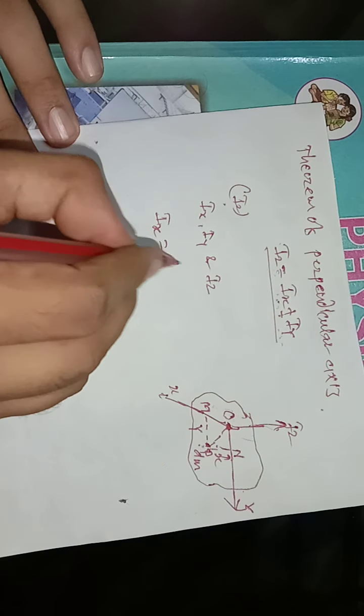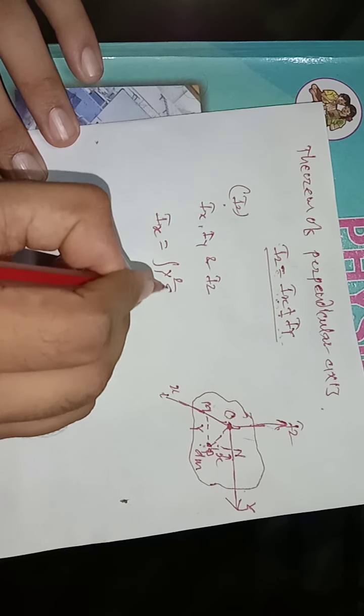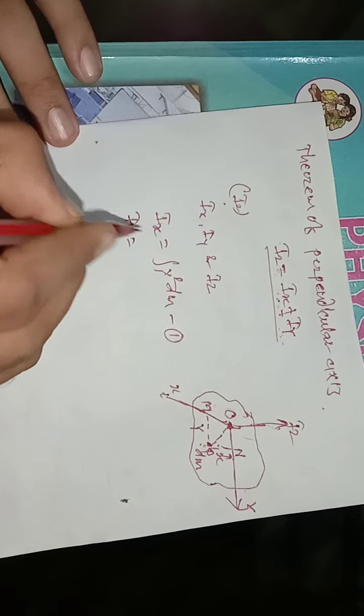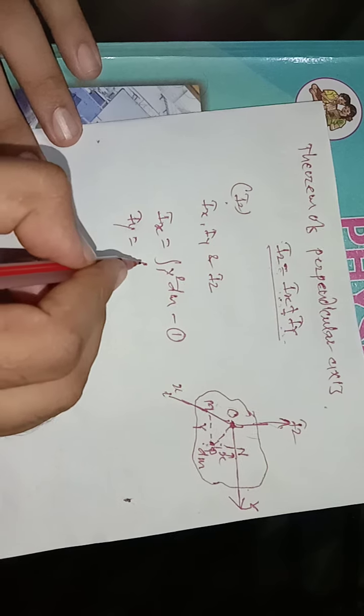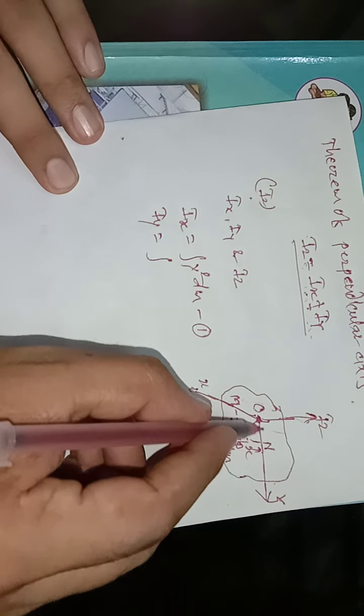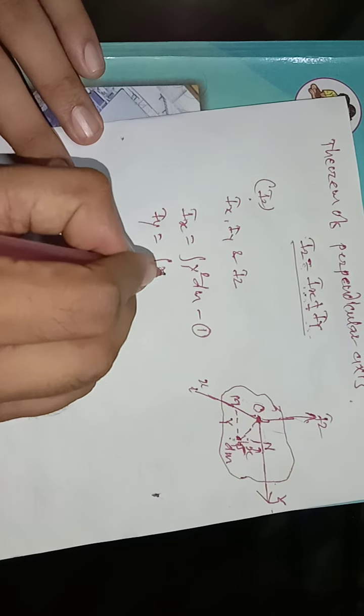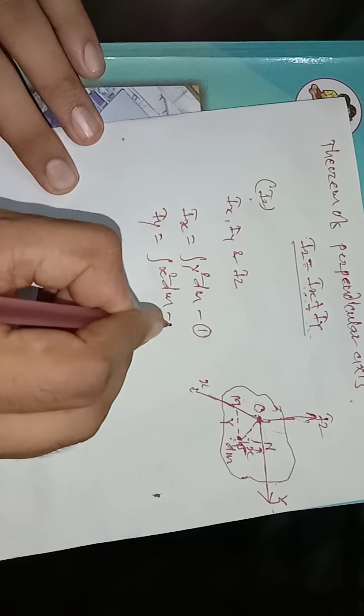This is equation number 1. Iy is equal to the integration of x square dm, since the distance is x. This is equation number 2.